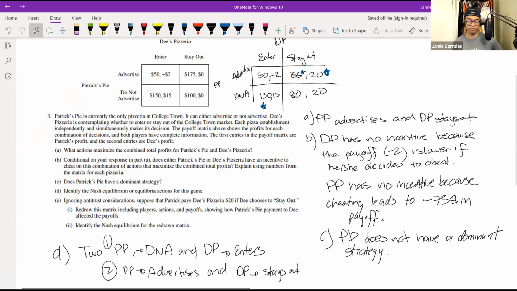Entering gives me a payoff of 15. Well, clearly, staying out is better. So in our case here, DP actually has a dominant strategy, and it's to always stay out, only if Patrick Pie pays DP $20. So the Nash equilibrium is here. DP stays out and PP advertises.